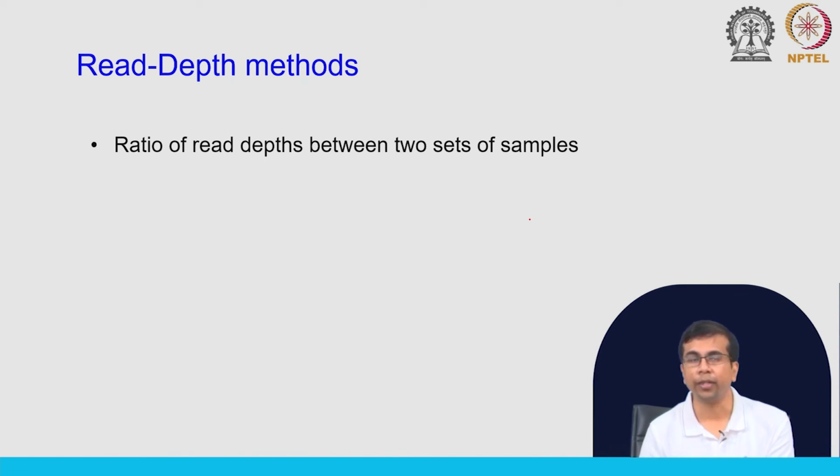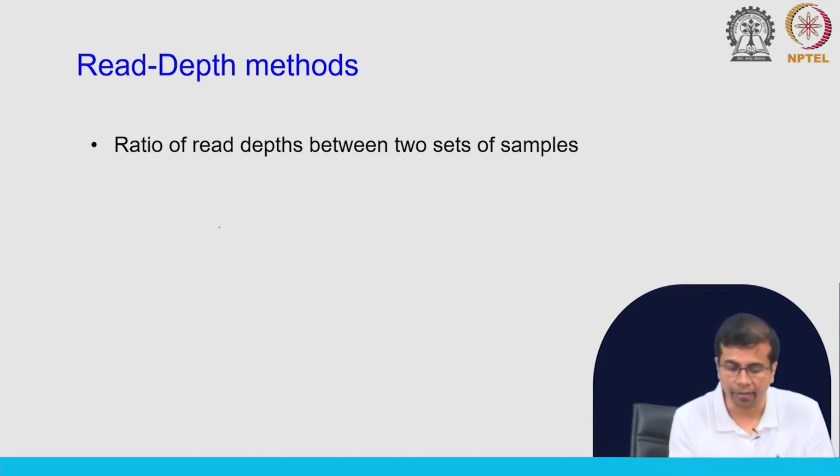What we do in these methods is look at the ratio of read depths between two sets of samples, and depending on that we can say there is a change in copy number. If you have, let us say, a gain or amplification or duplication, you will have more reads coming from that region, which in turn means you will get more depth in that region.